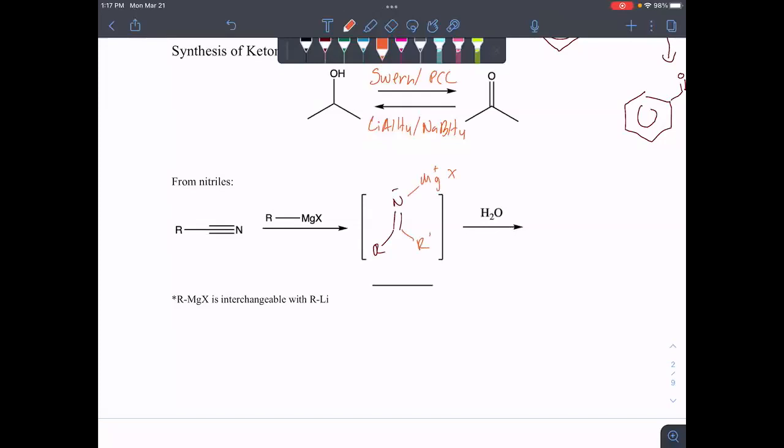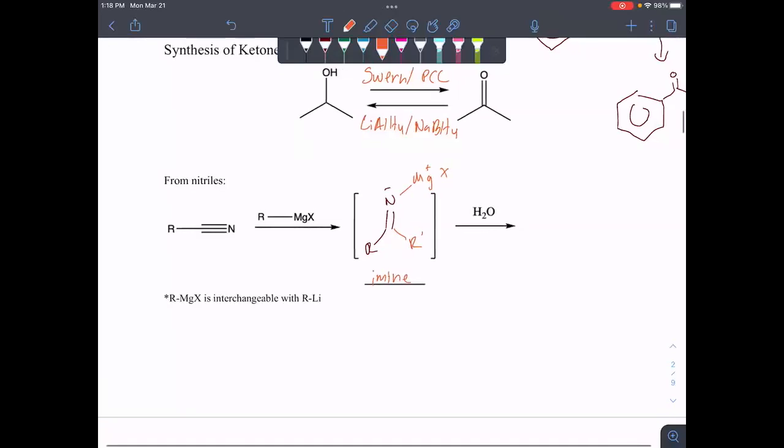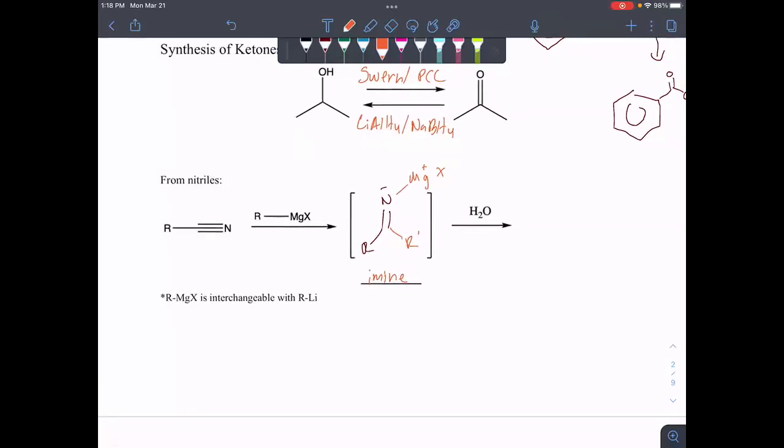So you've just added the R group of the Grignard to the same carbon as the R group from the nitrile. And then this intermediate is called your imine. And then after you react that with water, you get a ketone.